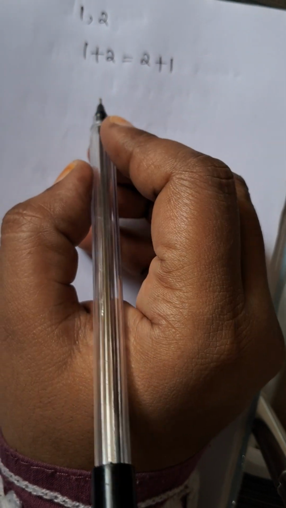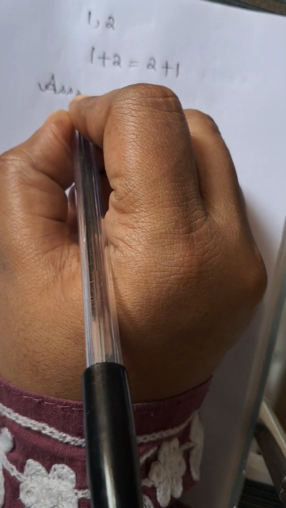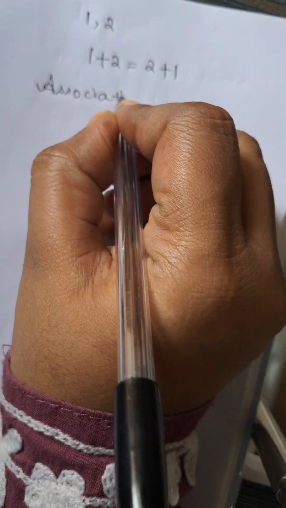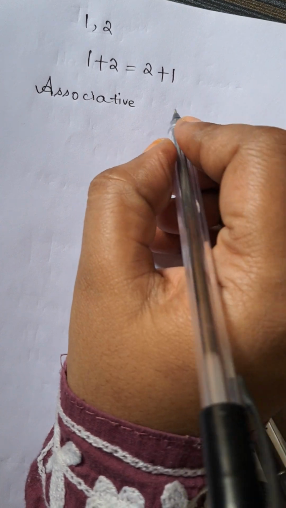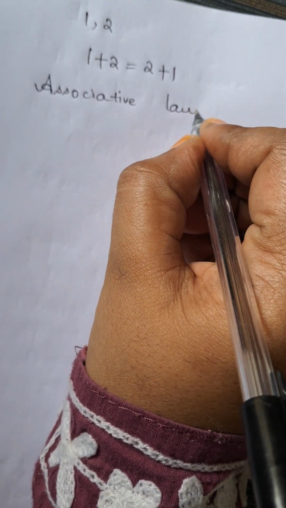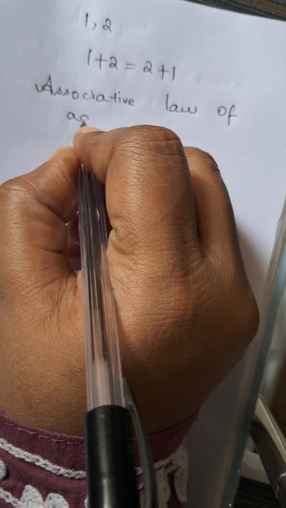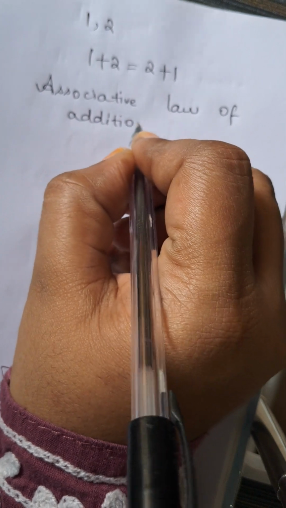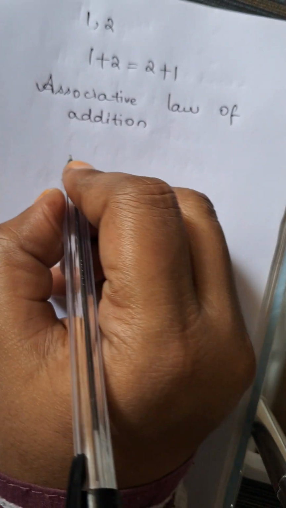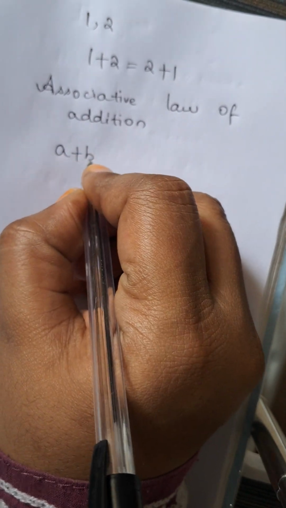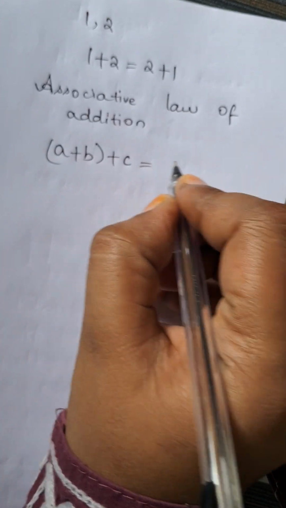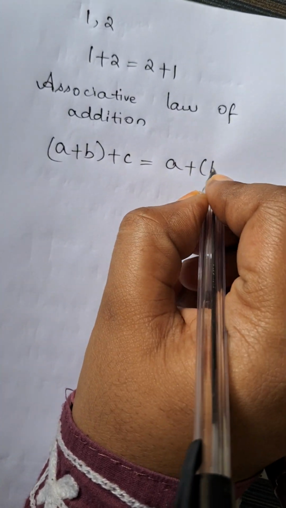The next property is the associative law of addition. Here you will have A plus B plus C. If the numbers are A, B and C, then (A plus B) plus C is equal to A plus (B plus C).